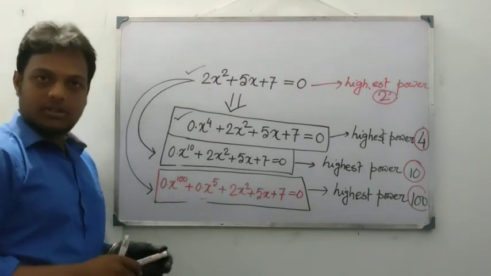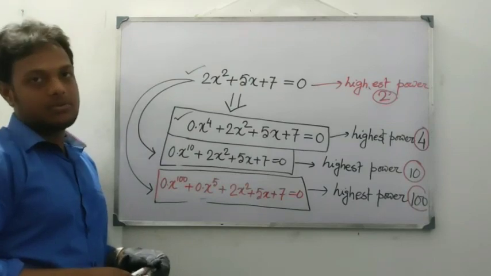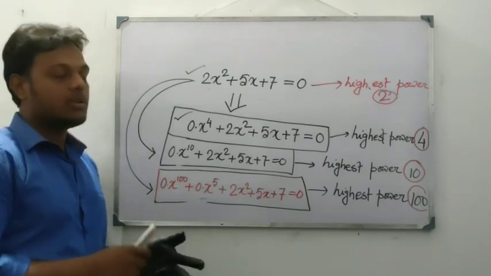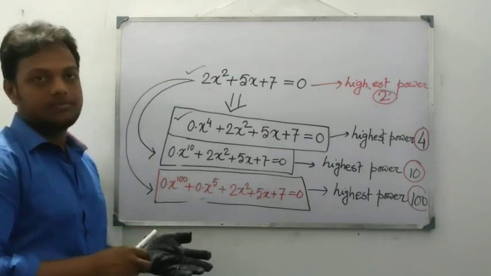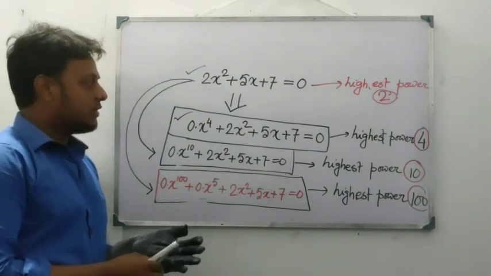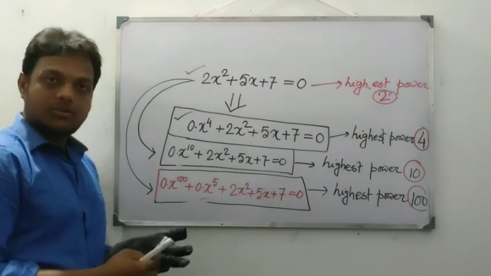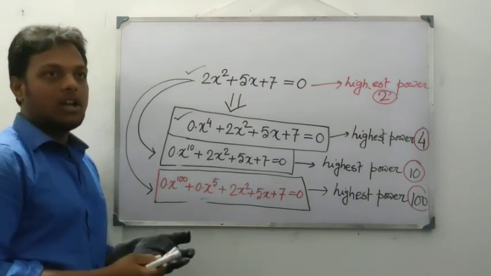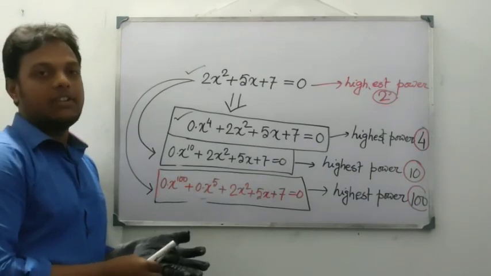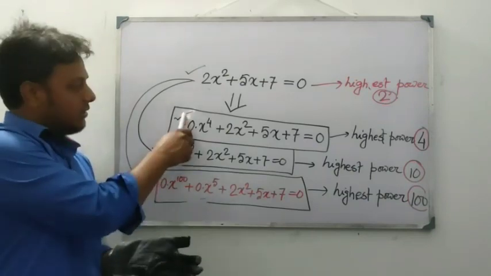Is it clear to you? That is why we have considered a not equal to 0, that means the coefficient of x square must be not equal to 0. Clear? If we do not consider the coefficient of the highest power not equal to 0, then you are unable to identify uniquely the highest power of that equation. See, this is the example.